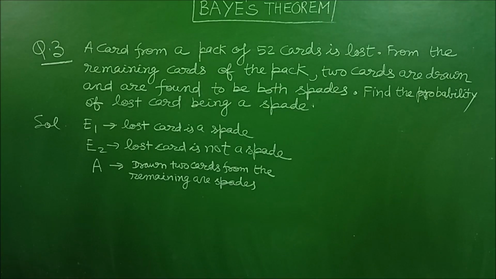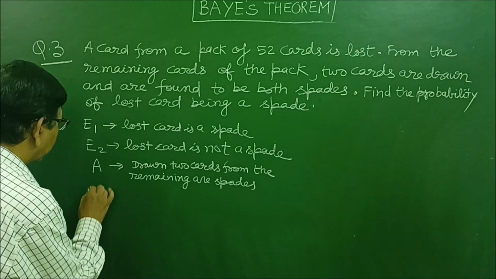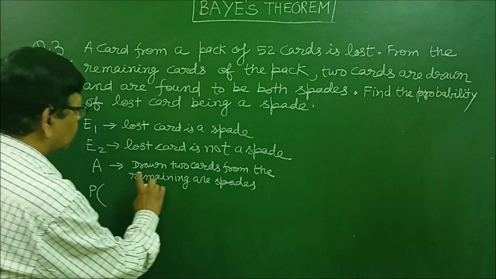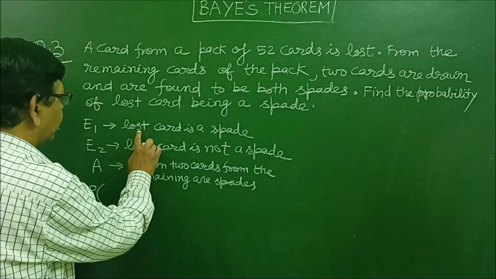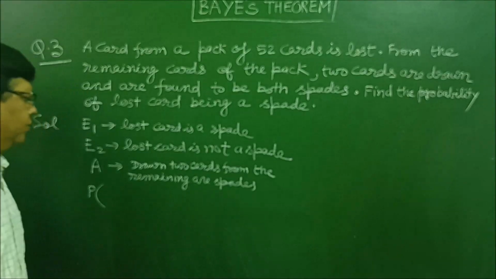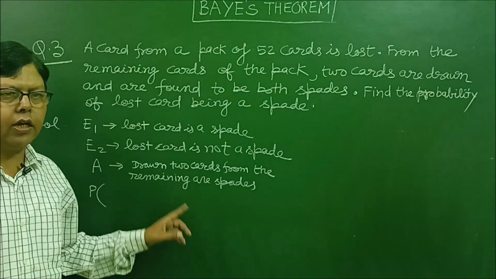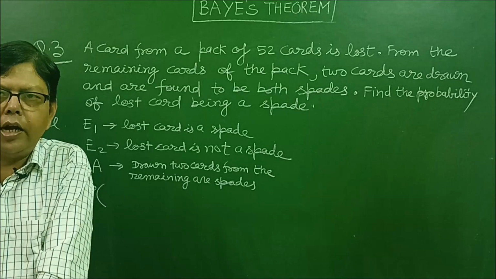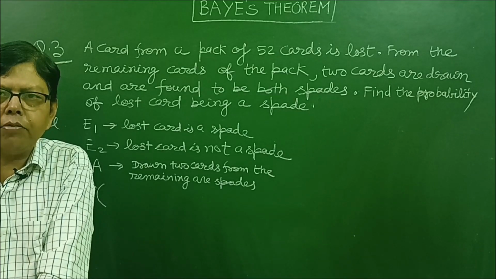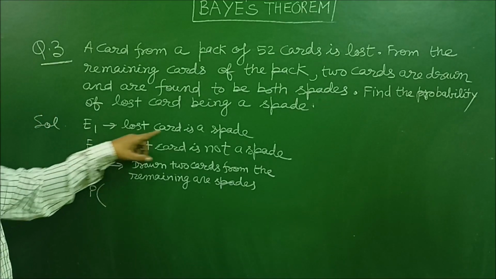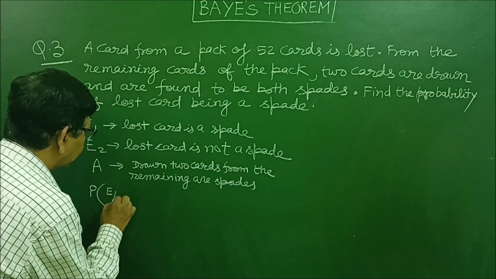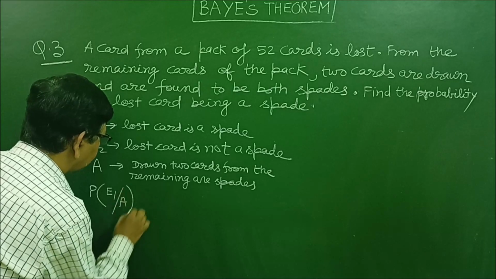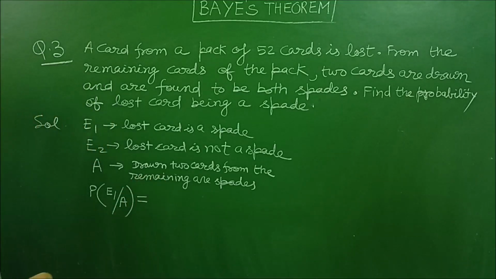In this question, the condition A is given, it has happened, and we want to find the probability that the lost card is a spade. So we want to find the probability of E1 given A, a conditional probability.